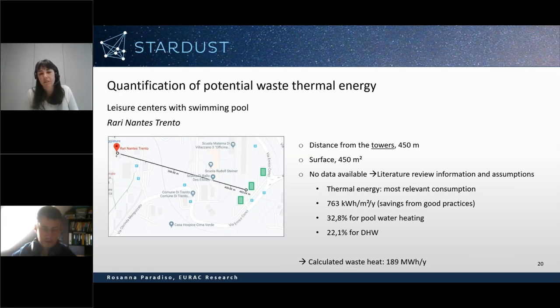But we consider that all this waste heat could be delivered to our hypothetical district heating. So from this value we arrive to a potential waste thermal energy value of 189 megawatt hours per year. So a very small contribution, also considering that a swimming pool could reuse it internally.